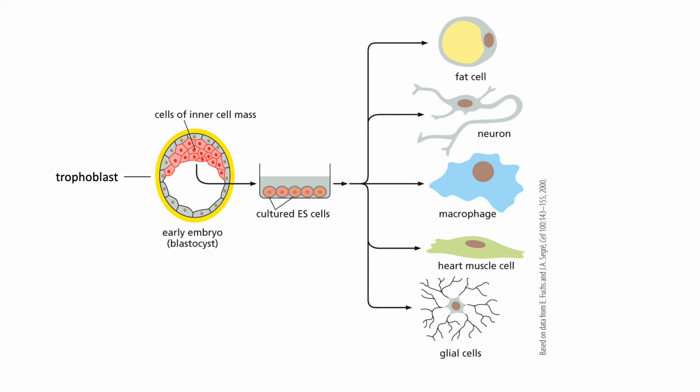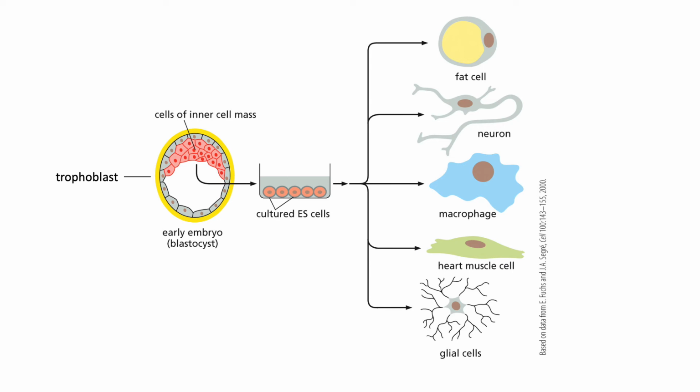So you get the cells of the inner cell mass, you get the early embryo growing, and then you transplant that embryo into the uterus, and then you end up developing the entire cow. So there are completely cloned herds of cows. Each cow is identical because it's coming from the same embryo. So these are cloned organisms, so you have cloned herds of cattle.